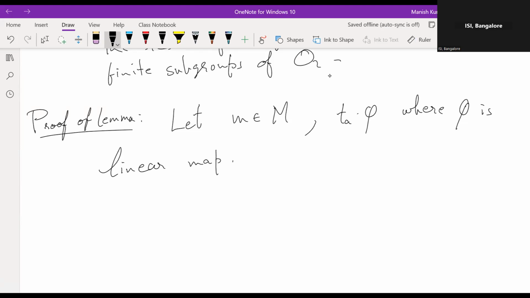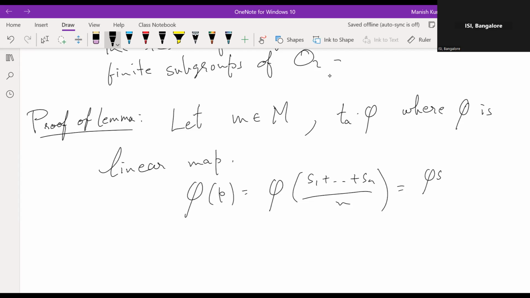Of course, phi of P is phi of (S1 plus up to Sn) over n, which is the same as (phi of S1 plus up to phi of Sn) over n, by linearity.